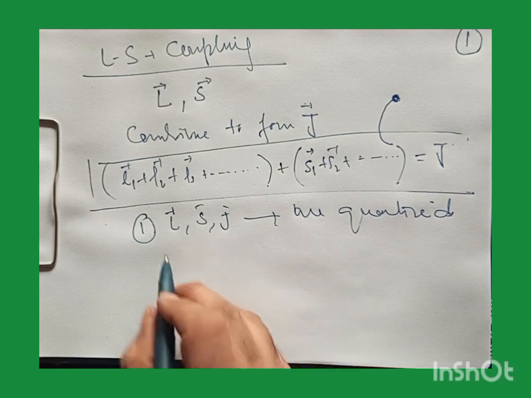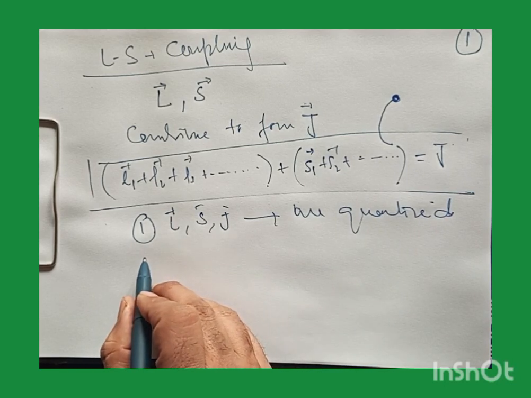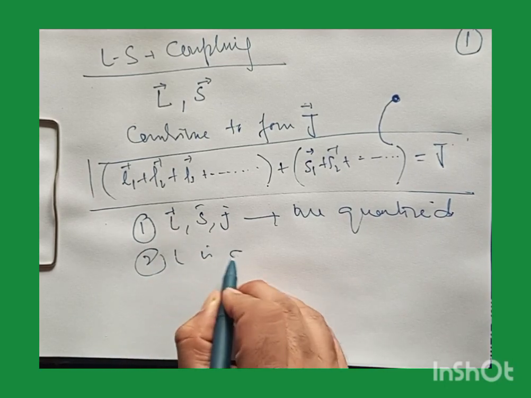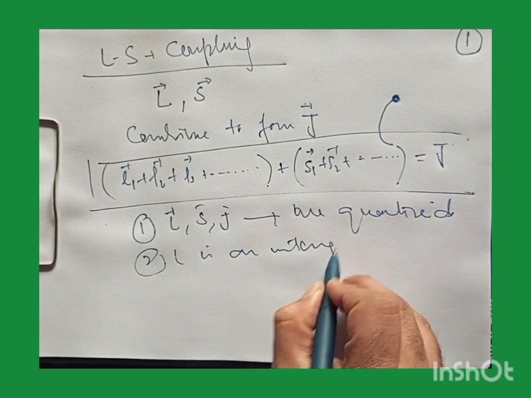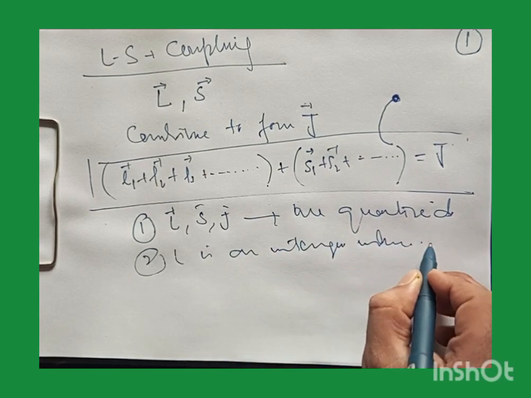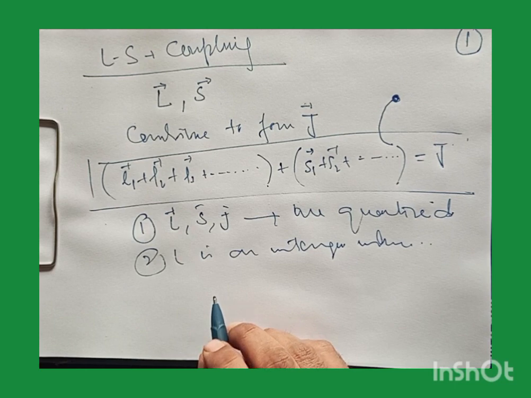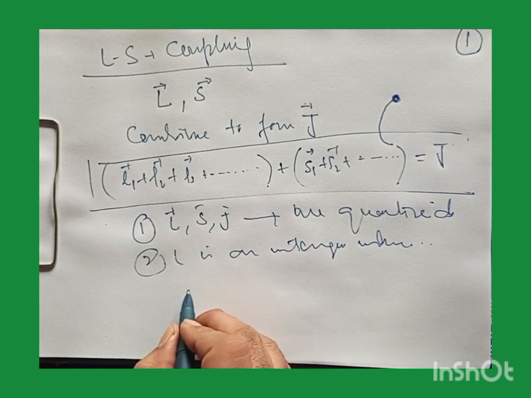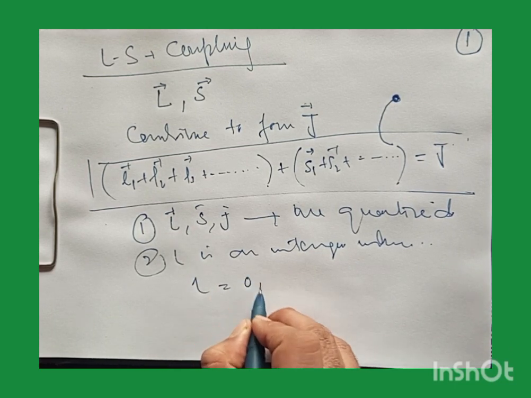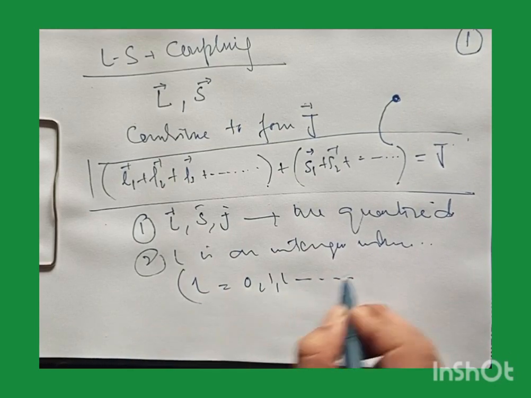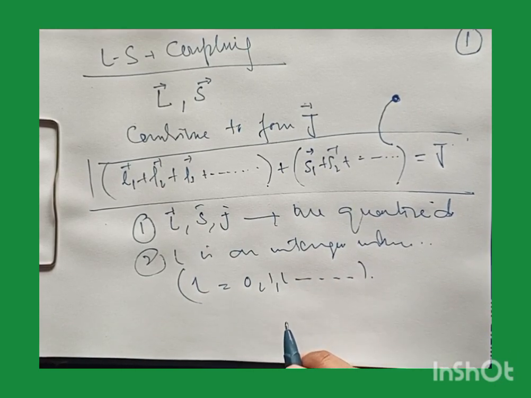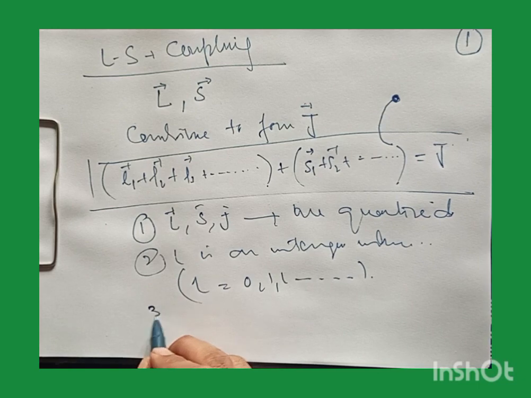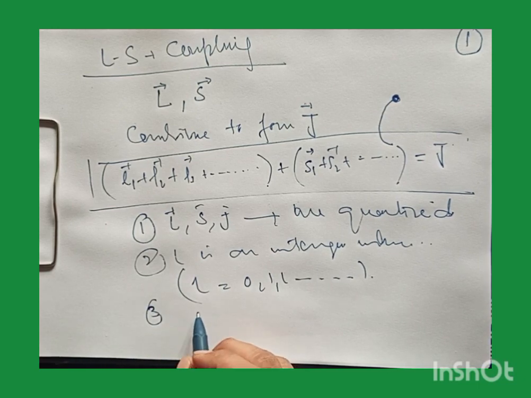And this L, the orbital angular momentum, is an integer, including zero. So to say, this L is 0, 1, 2, and so on and so forth. And the spin S is also an integer or half integer.